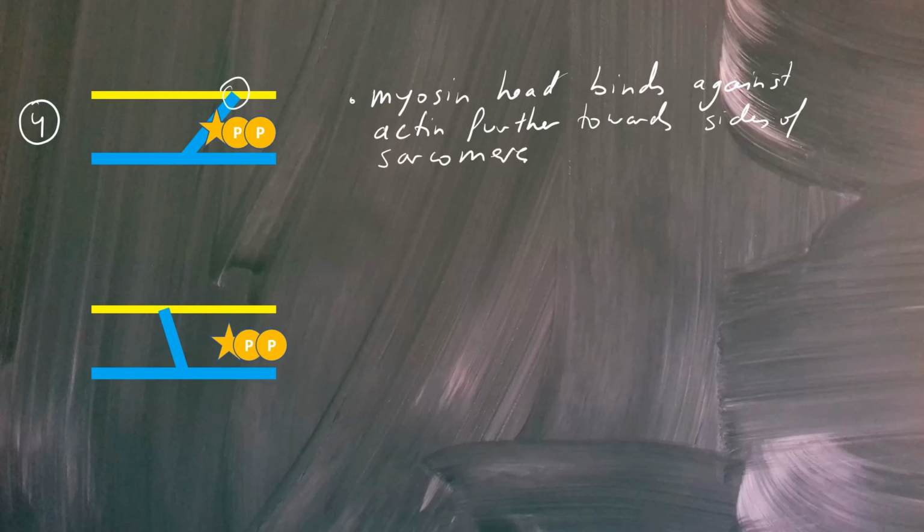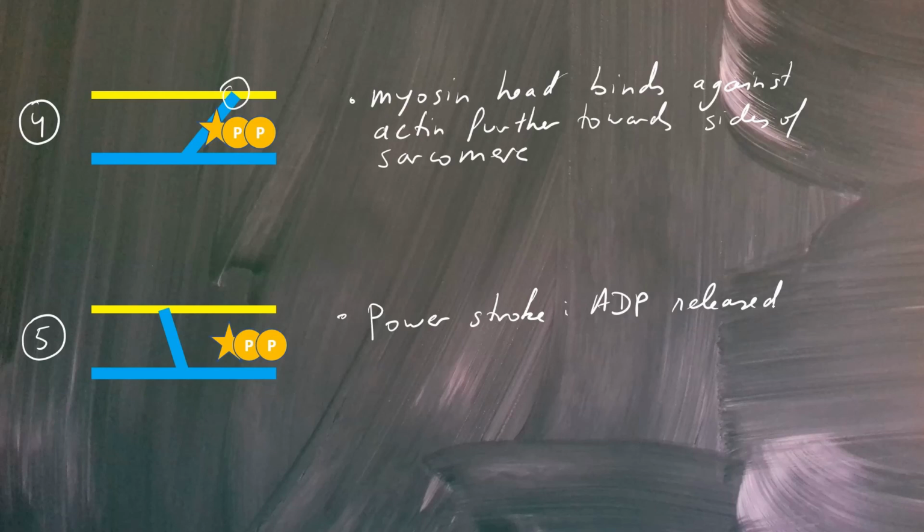And look, last one, and this is where I've made a slightly bad drawing, so maybe you're going to copy it a little bit differently. You call this the power stroke, and this is when the energy is released. The ADP is released. It already contains very little energy anyway.